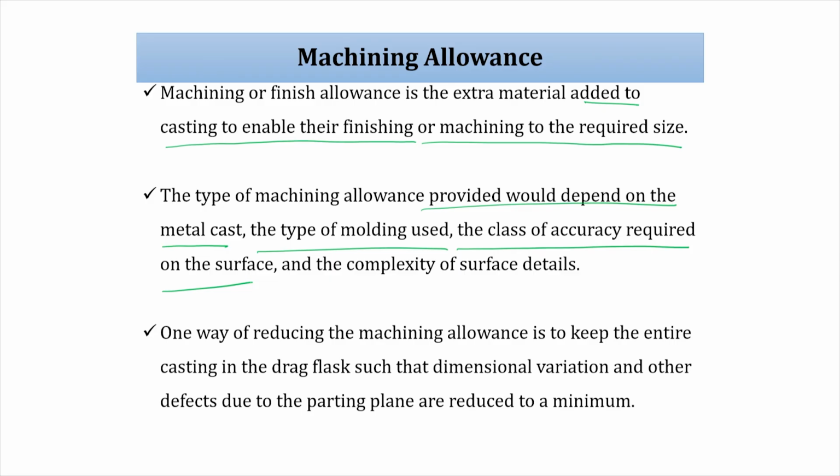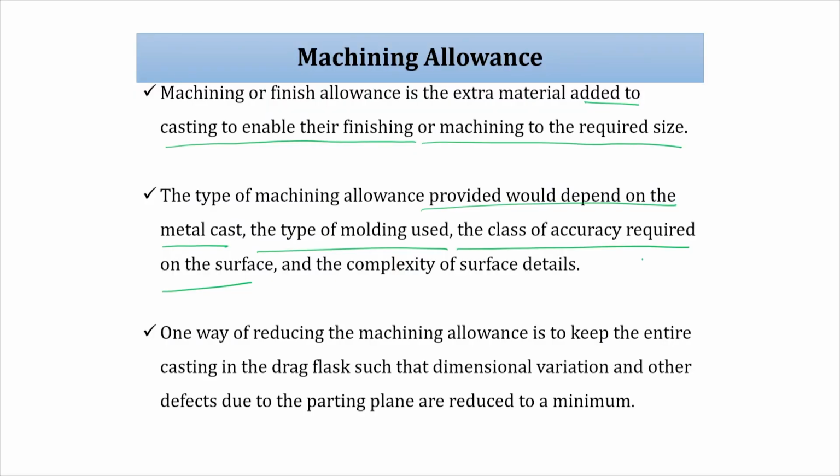Let us assume I am just going to make a chair, it does not need a high extent of surface finishing, but if I want to make turbine blades, they need lots of finished surfaces. So machining allowances will be more depending on the accuracy you want and the complexity of surfaces. All these things vary our machining allowances.